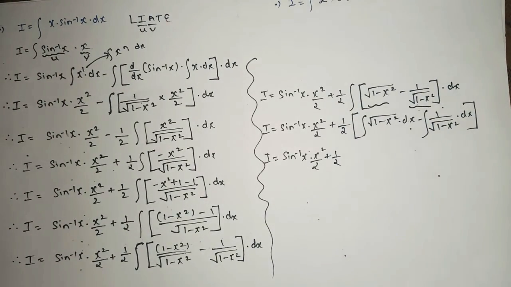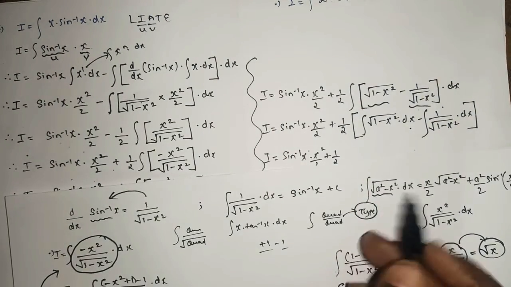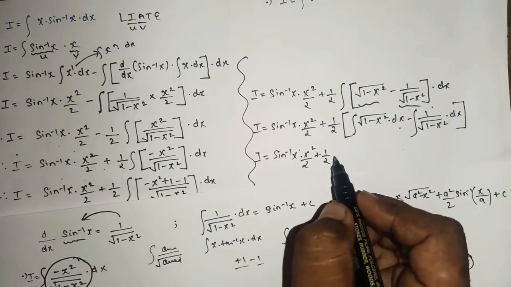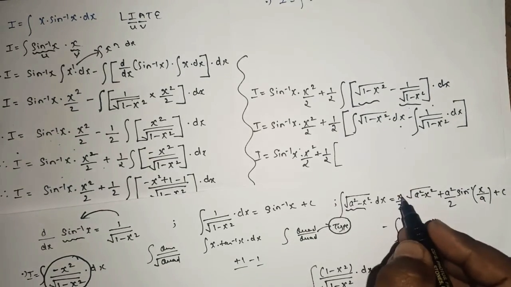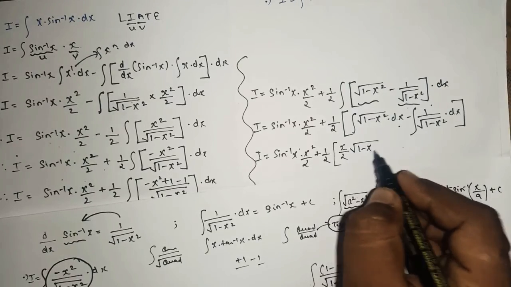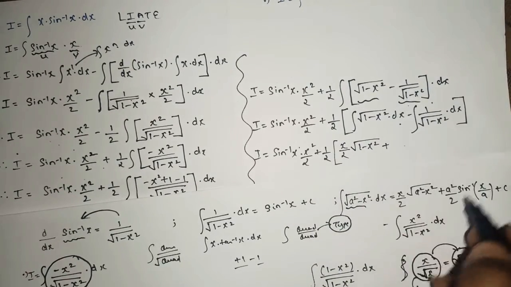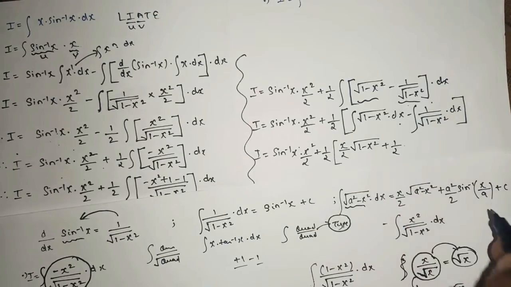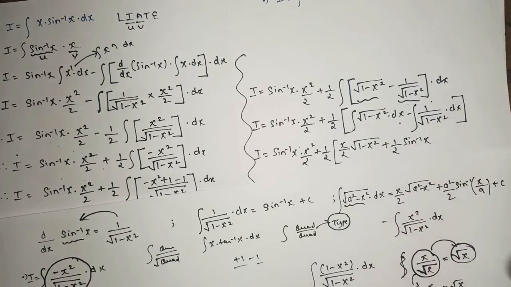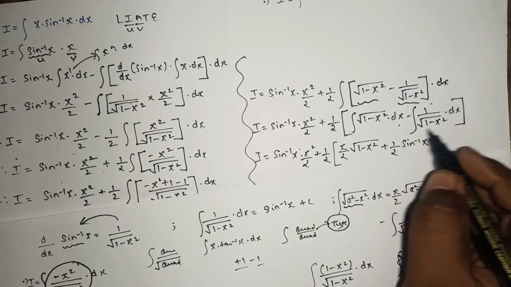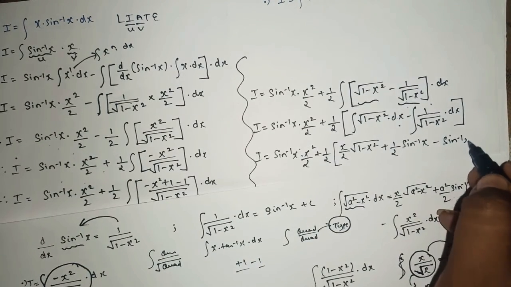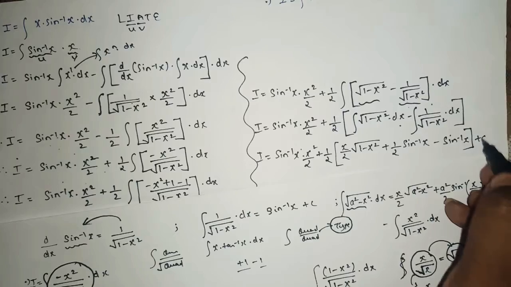So this is in the form of a square minus x square formula, and we know that the a square minus x square formula is x upon 2, so x upon 2 root a square minus x square, then plus a square upon 2, that means 1 upon 2, sine inverse x upon a, so here x will come, minus integration of 1 upon root 1 minus x square, which is a direct integral of sine inverse, yes or no, and then plus c.